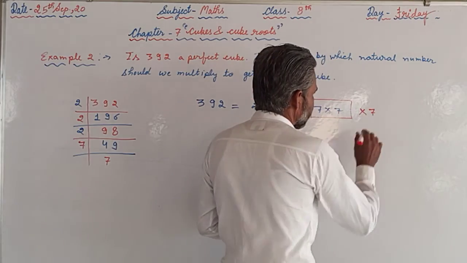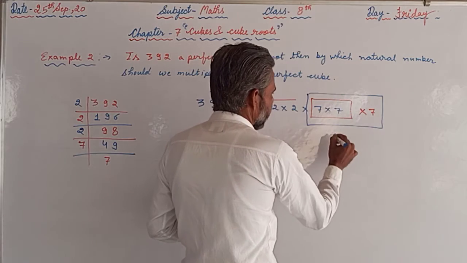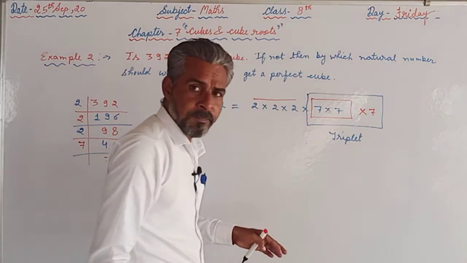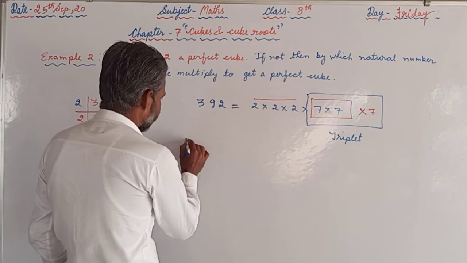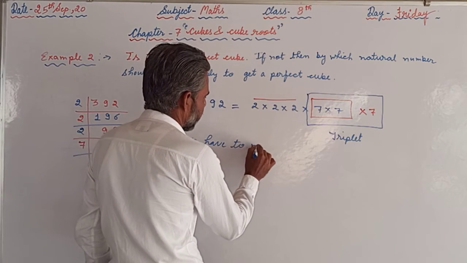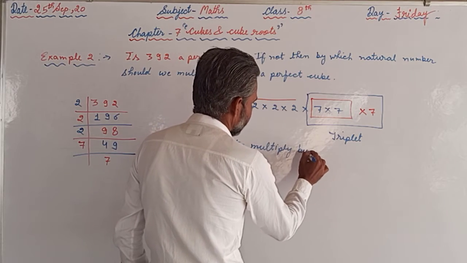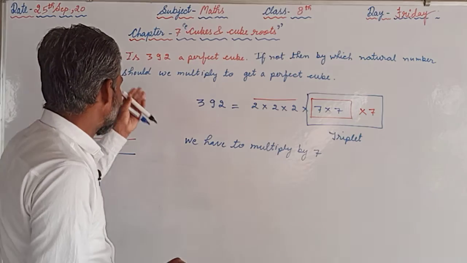After multiplying by 7, this will become a triplet. So the answer is, we have to multiply by 7.